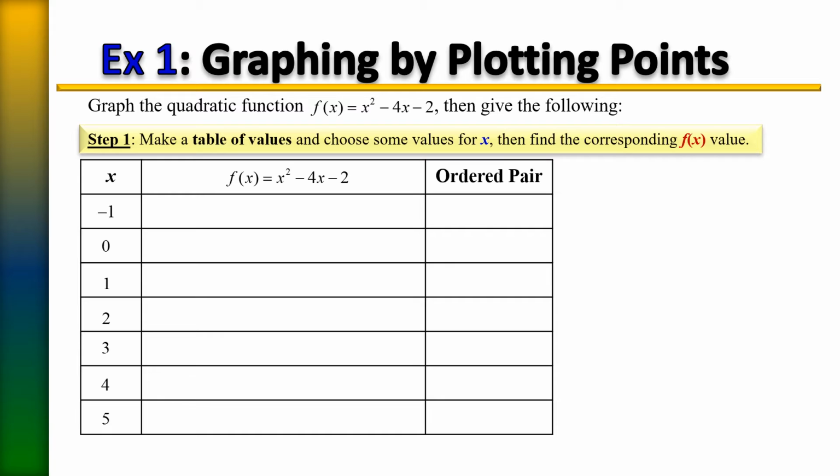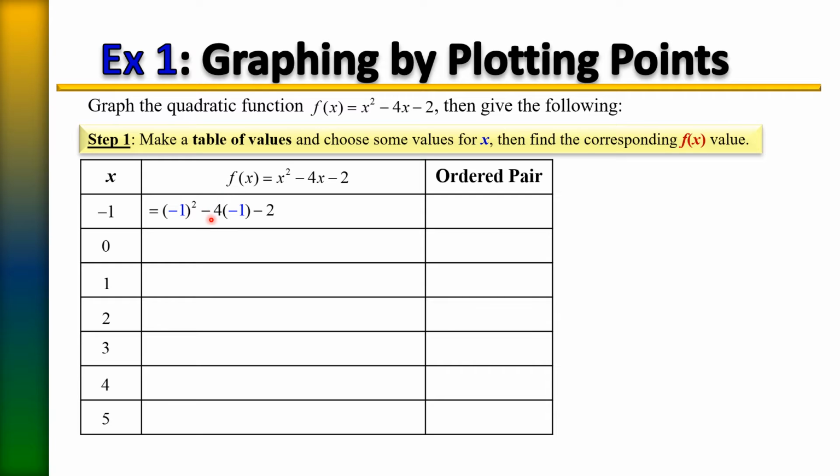Now let's go ahead and plug these values in so we can see what our output or our y value would be, and then we're going to plot those ordered pairs until we're able to see the sketch of our graph. So starting with plugging in a -1 for x, we're going to remove the x, replace it with -1. When we do the math here, we see -1 squared, that's going to be 1.